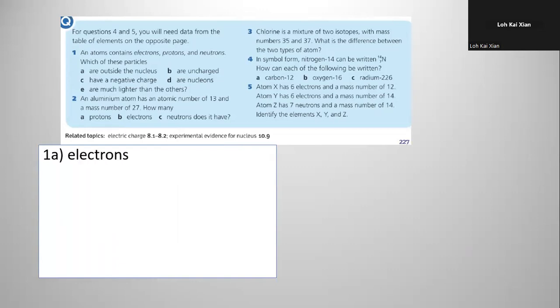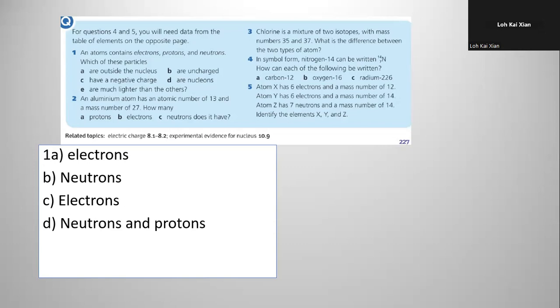Neutrons. Okay, good. Negatively charged? Electrons. Good. Are nucleons? Protons and neutrons. Good. Are much lighter than the others? Electrons. Good. Can remember that?